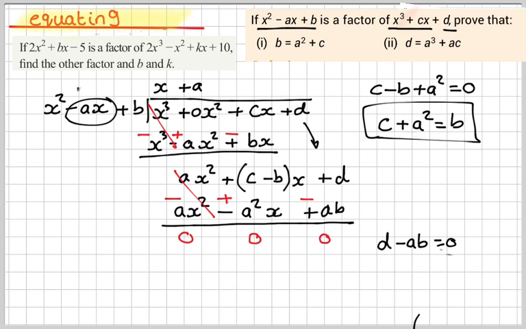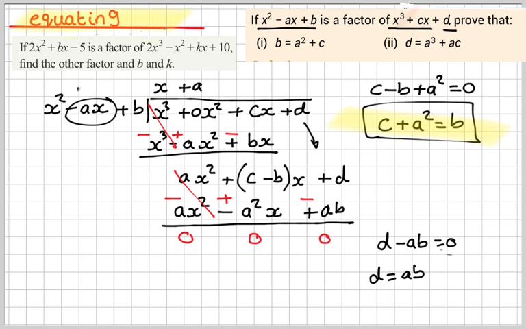If I go to the second one, they want to isolate d. So to isolate d, here we'd have d is equal to ab. Now it doesn't look like what they want because we have a's and b's and they have a's and c's. So I should be able to remove that b in some sort of way. And I have an expression with a's and c's that removes the b for me.